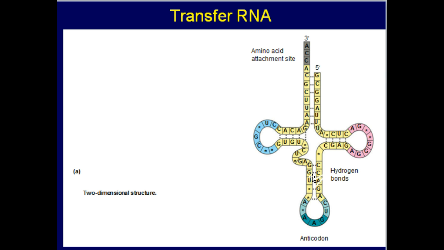Also write that tRNA consists of a single RNA strand that is only about 80 nucleotides long, and that each tRNA carries a specific amino acid on the 3' end and has an anticodon on the 5' end, like is shown here in this diagram.